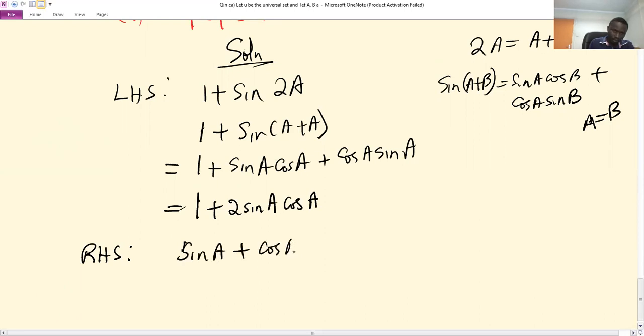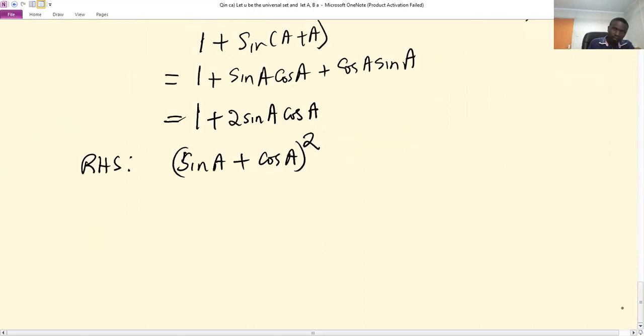Now, right-hand side is given as sine of A plus cosine of A squared. Now, this is the same as sine of A plus cosine of A multiplied by itself. This is the definition of a square.